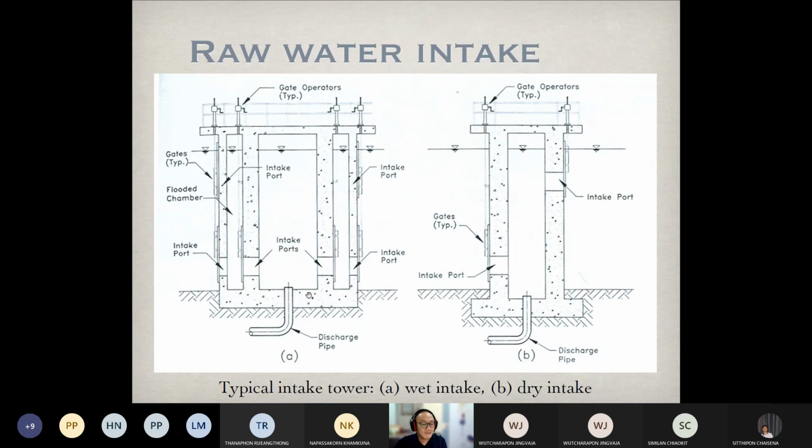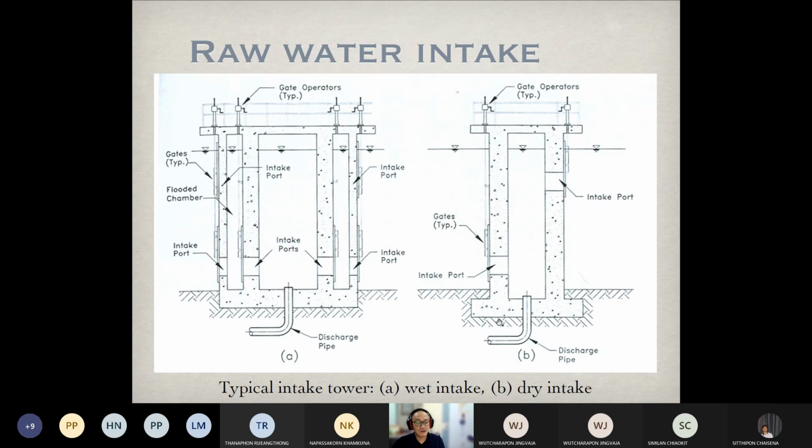If we want to make it heavier, we need a strong foundation, like in figure B. We need a thick wall for the intake chamber, and we need to put foundations under the ground. So sometimes the construction cost is higher due to the effective foundations we need.